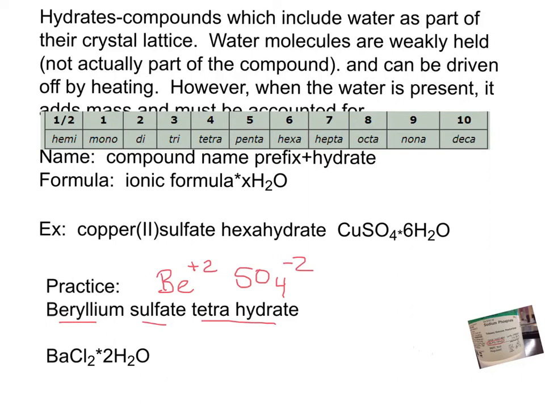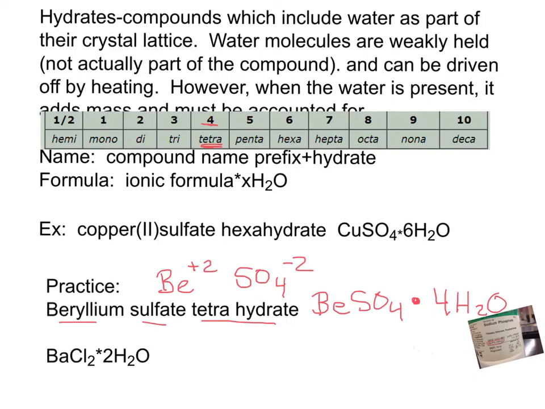So using our crisscross rule, we should be able to just write the correct ionic formula as BeSO4. The 2's are going to reduce out, and then we need the tetrahydrate, so we're going to put a dot. We need to know that tetra is the prefix we use for 4, so that means 4 water molecules are associated with each unit of beryllium sulfate.